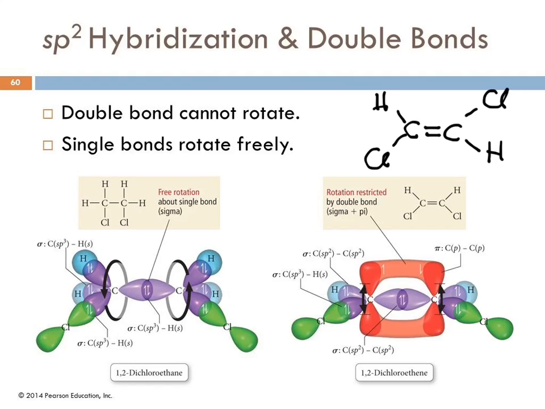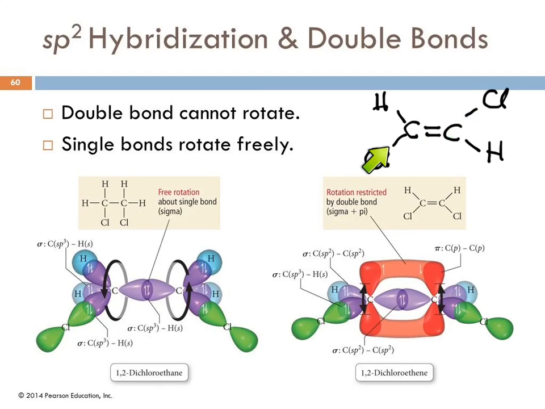Any other questions about this one? Yes? The ability to rotate enables them to do what? It enables them to have different conformations, which are different arrangements in space. And this is getting into a little bit of organic chemistry. These molecules are going to have slightly different chemical and physical properties because they are not the same.